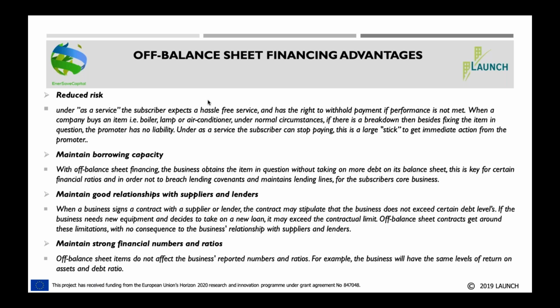Very important for many people is that the borrowing ability of a company for its core business is not impeded. Certain buildings or certain structures are bought with a lot of debt, where the financing institution will take charge over everything. And in the covenants, it will say you are not allowed to take on any further debt except for such and such.